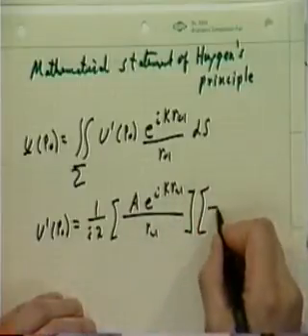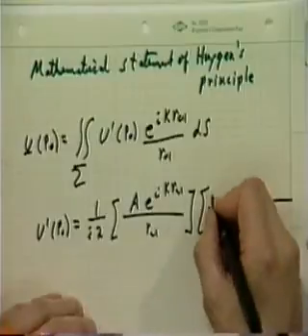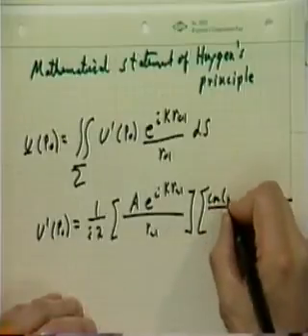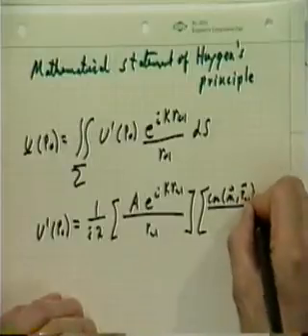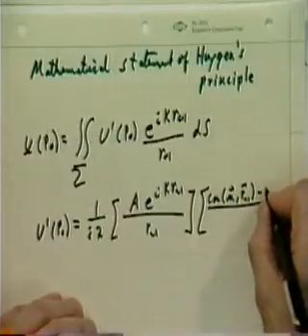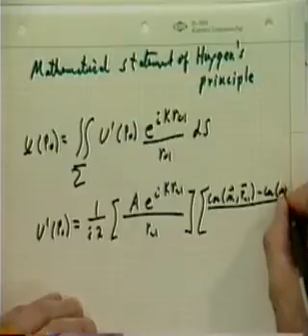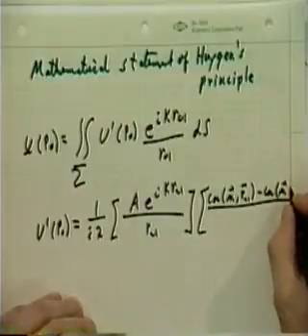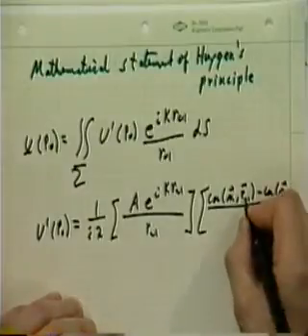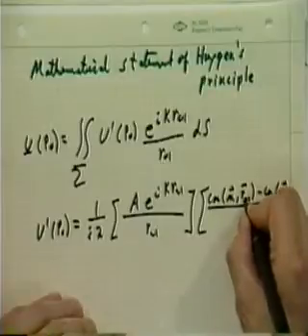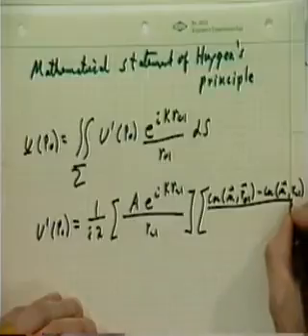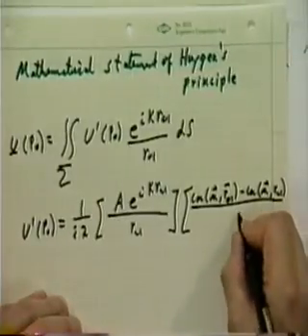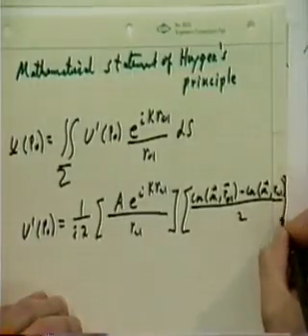And then we have this cosine factor here: cosine of n r01 minus cosine of n r21, and not to forget my 2 here.